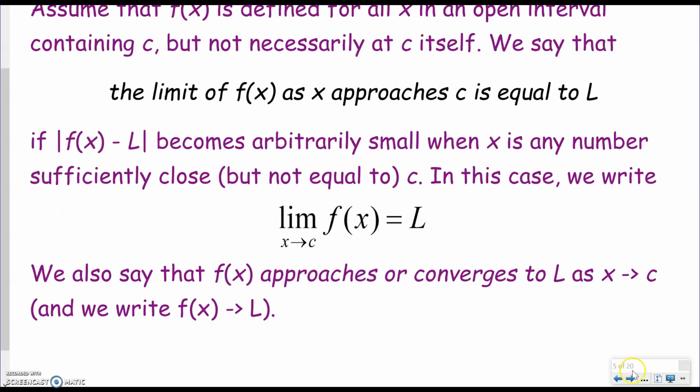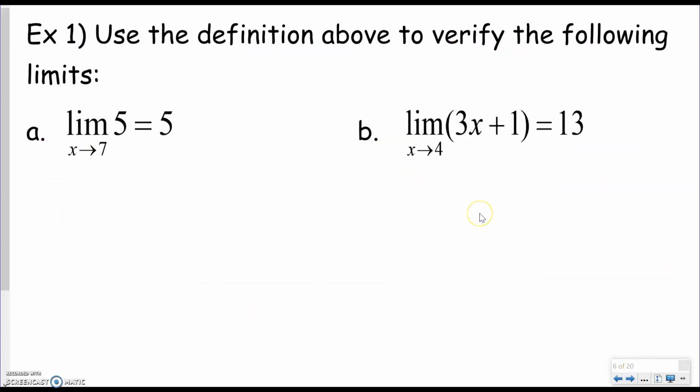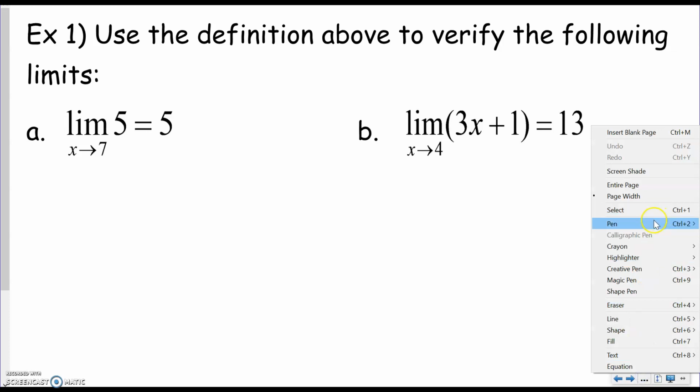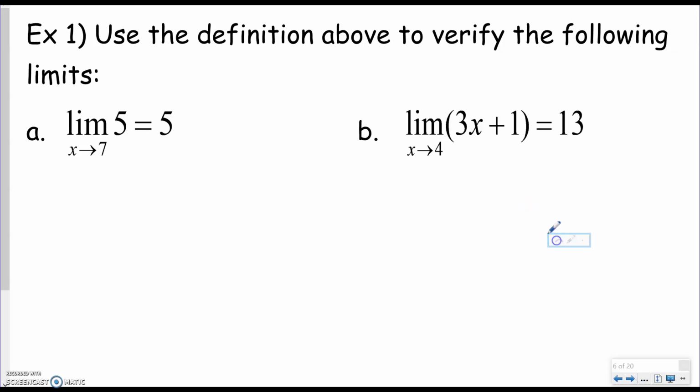Okay, let's do this. We are going to use the definition of a limit above to verify the following. So we're going to use the idea that a function, which is right here, minus the limit L should get closer and closer to 0.